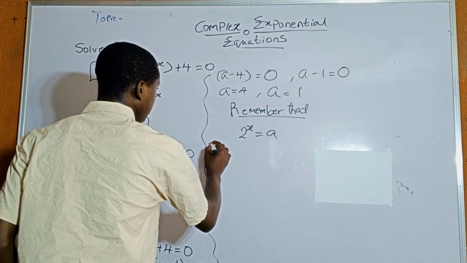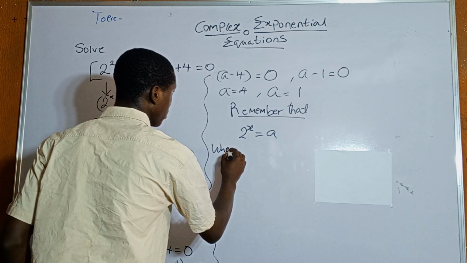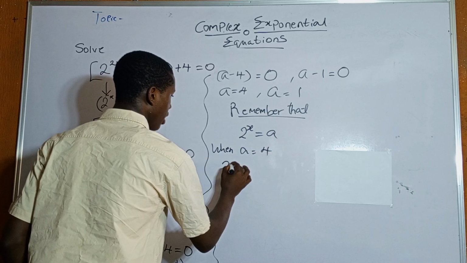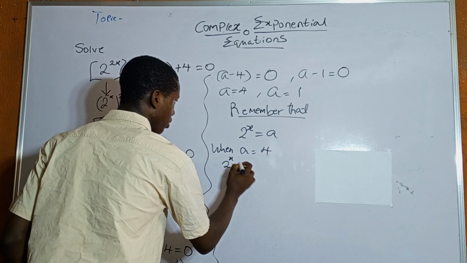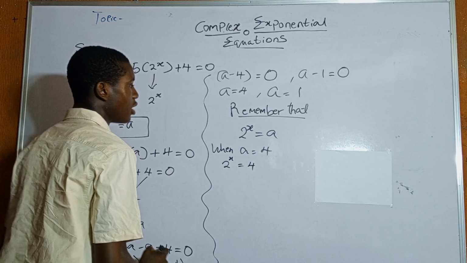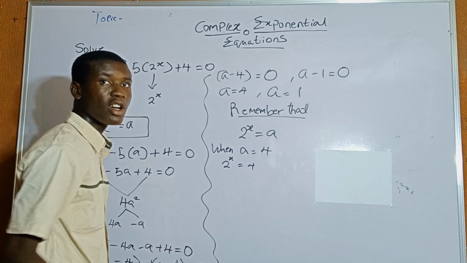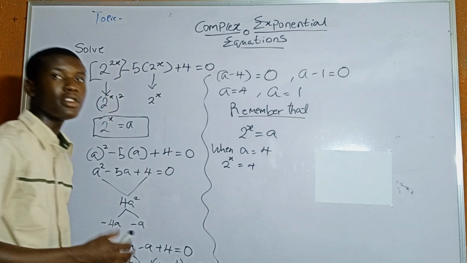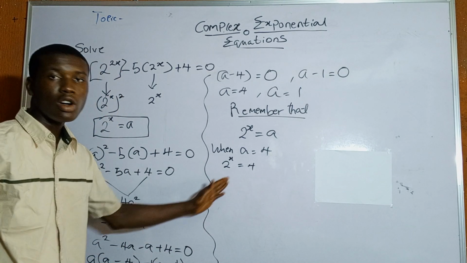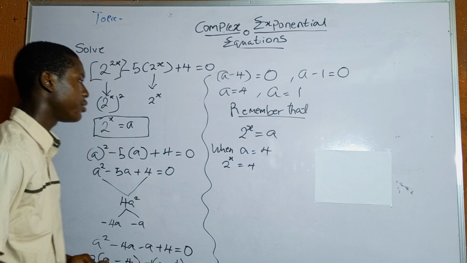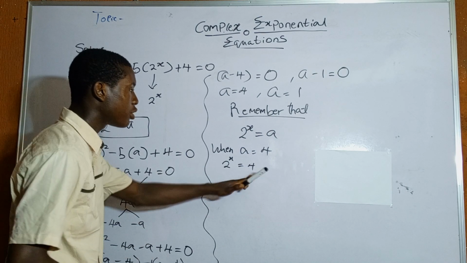So when a is equal to 4, 2 raised to the power x will be equal to 4. Now what can we convert in order to be able to cancel? We've done exponential equations. If you don't understand how to do this, please check part 1 of this series. We discussed how to find this.